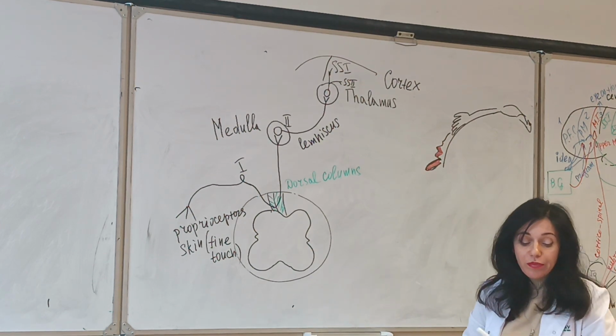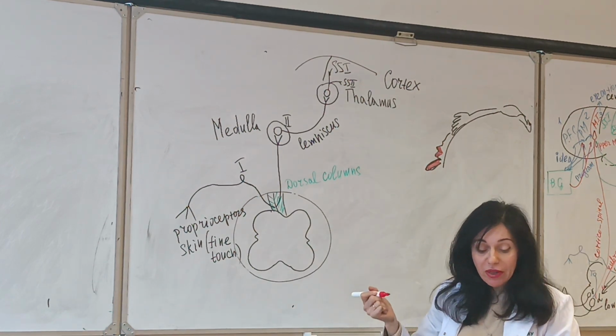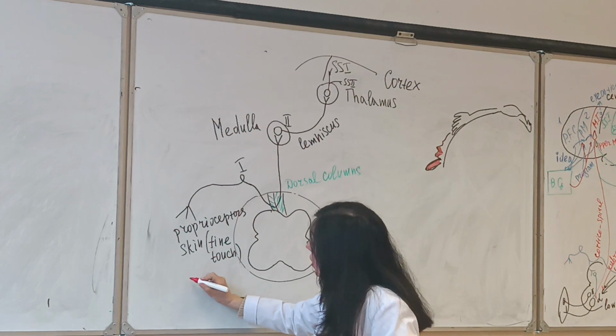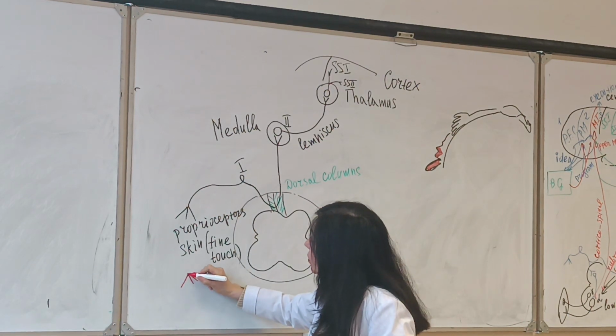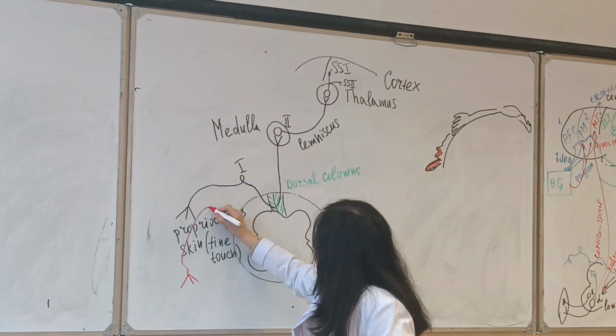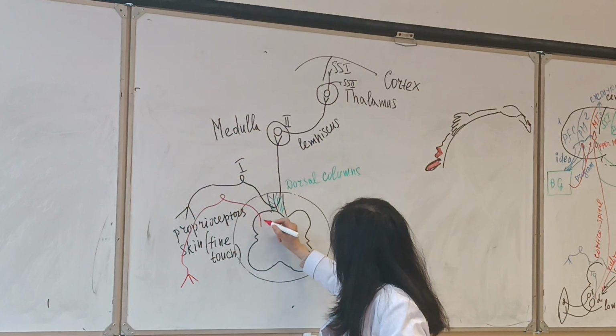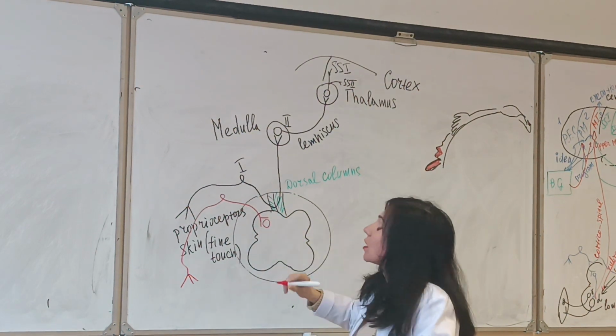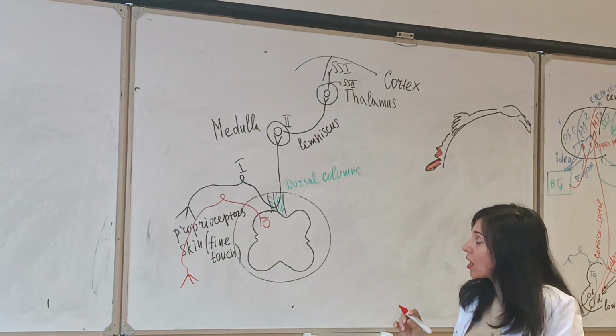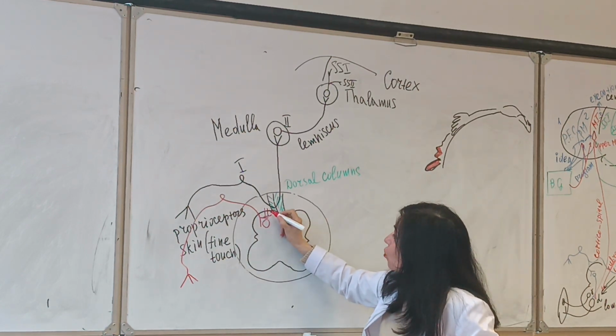Second type: spinothalamic. It conveys information to the spinal cord, relays in the dorsal horn to the second order neuron.